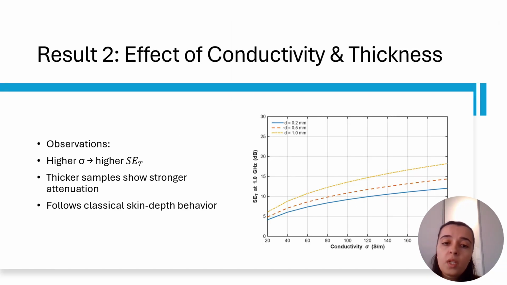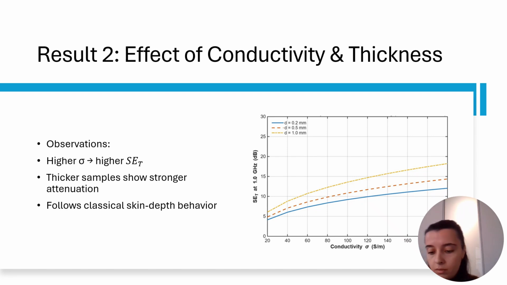Result number 2 is the effect of conductivity and thickness. As expected, increasing conductivity or sample thickness improves shielding effectiveness. Even moderate increases in conductivity lead to measurable improvements, confirming polypyrrole's tunability as a shielding material.